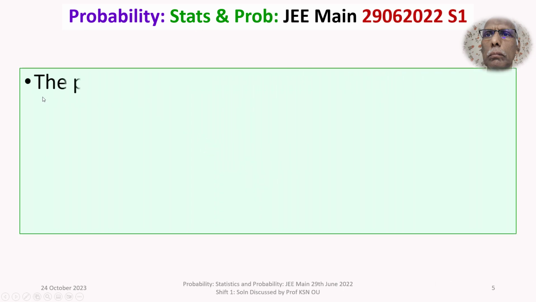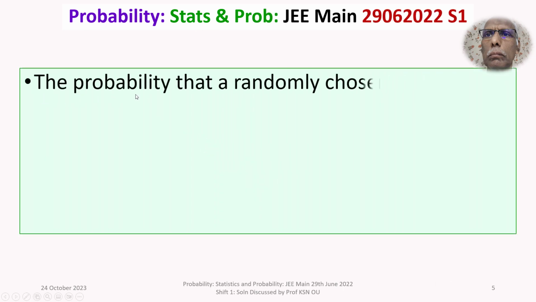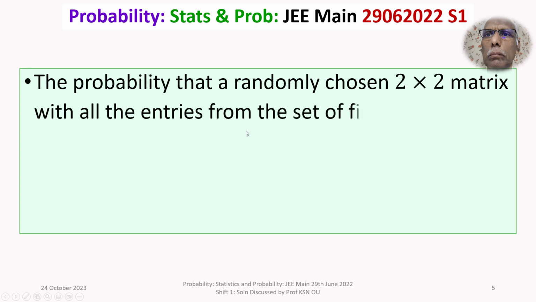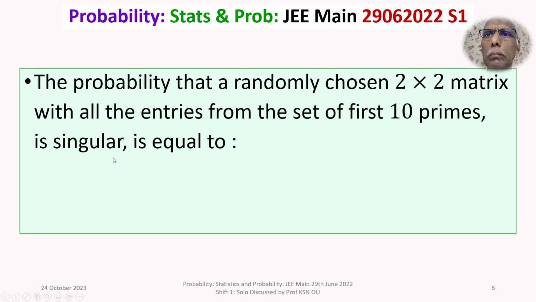The given question is: the probability that a randomly chosen 2 by 2 matrix with all the entries from the set of first 10 primes is singular is equal to.